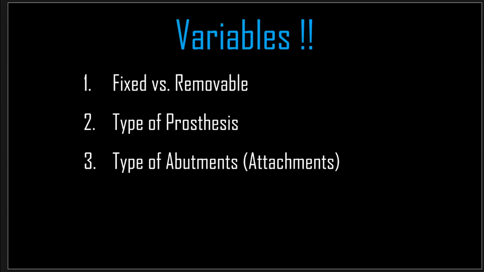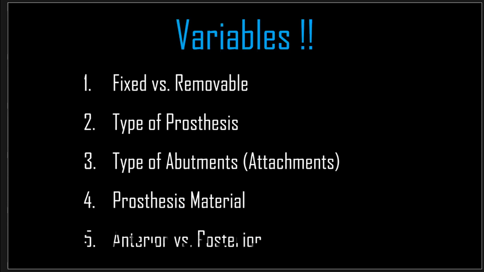Locators, what type of attachment system are we using? What type of material is there? The majority of the cases are zirconia, but are we doing gold, porcelain fused to metal? Some people still do acrylic hybrids. Denture material, do we need to add metal mesh in there, or is it just going to be a denture? And then anterior and posterior, that's something that we also talk about. We have different space requirements in the anterior and the posterior.